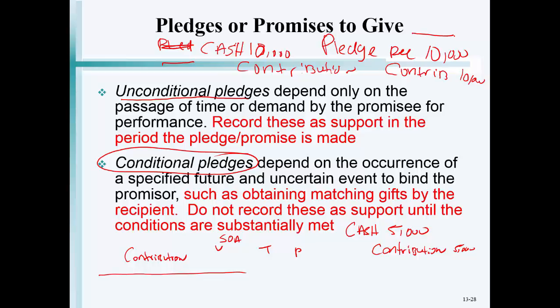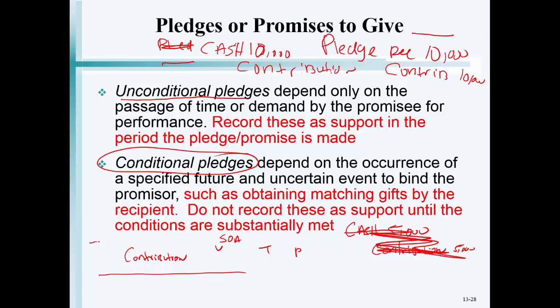Now, what happens if somebody gives me, and I don't know why I wrote this 5,000 down here. I was probably talking about something else before. Don't worry about that. But what happens if somebody gives me an unconditional promise to give and tells me I have to use the money for the Fluffy program? Where should I show that on the statement of activities right here?